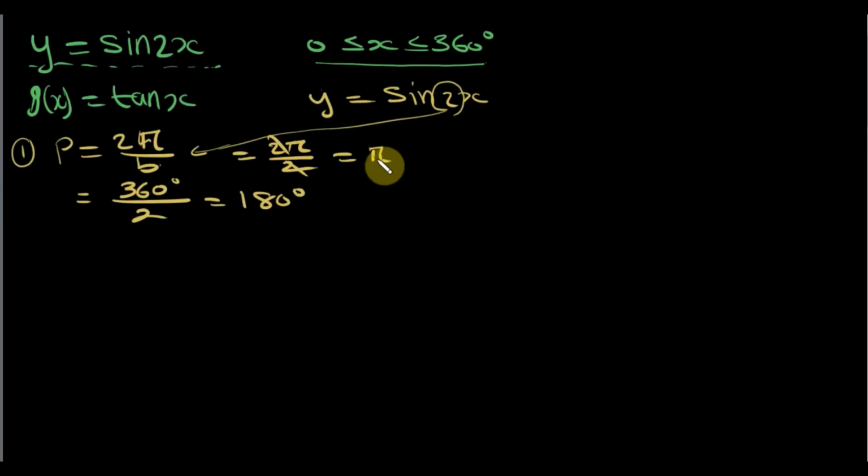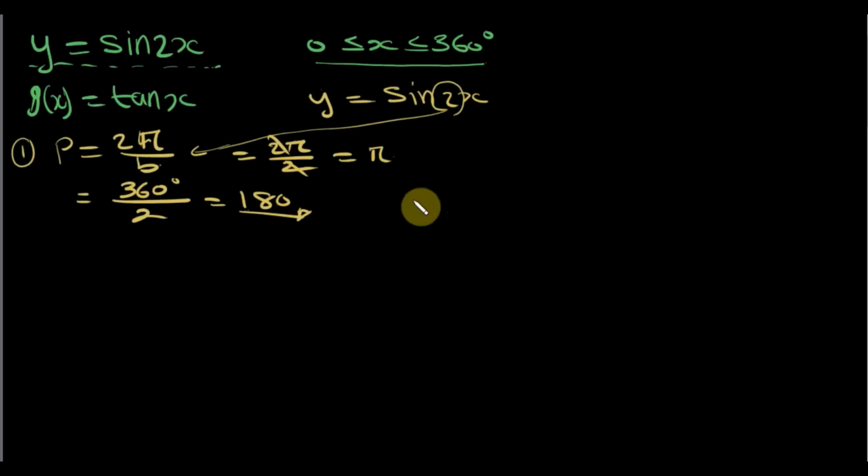So pi is 180. Okay, cool. So what the period tells us is that the graph repeats itself after 180 degrees. Every 180 degrees, the graph will repeat itself.